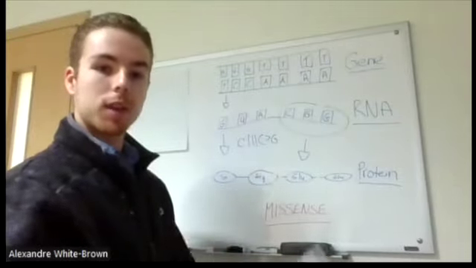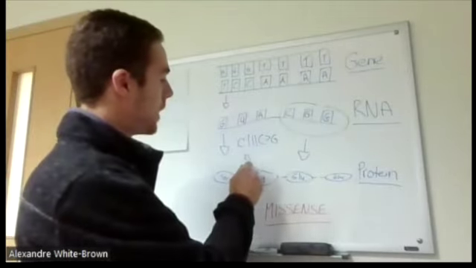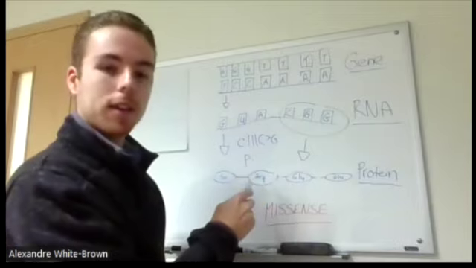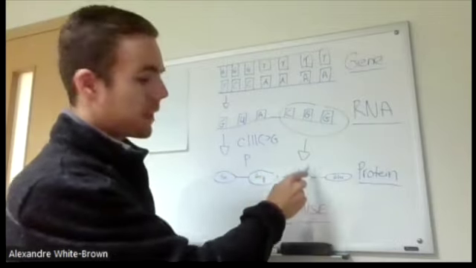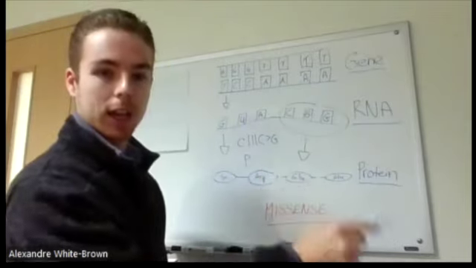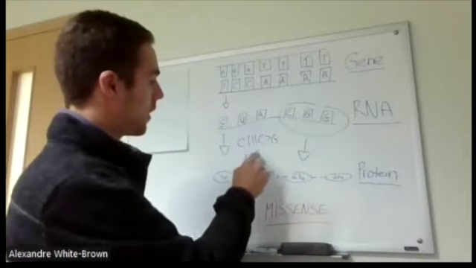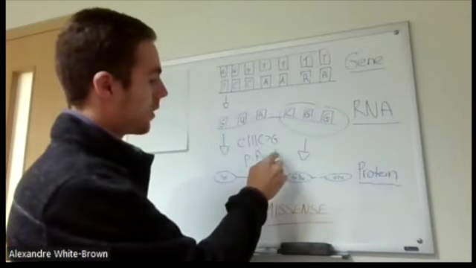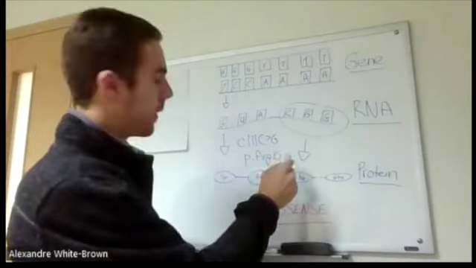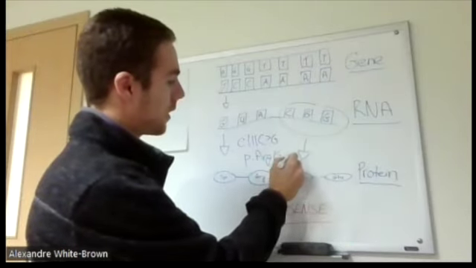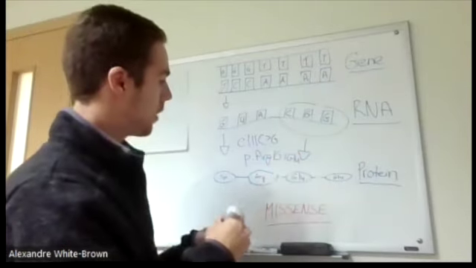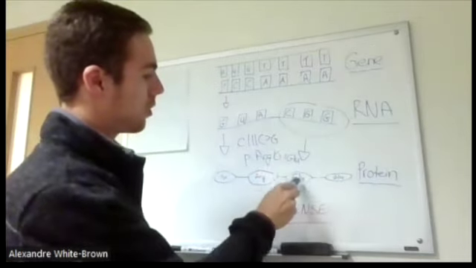And then preceding that, you might see a p dot, and this explains what amino acid is being changed. So you may see arginine, then a number, and then another, let's say, glutamate. So it's being changed from arginine to glutamate.